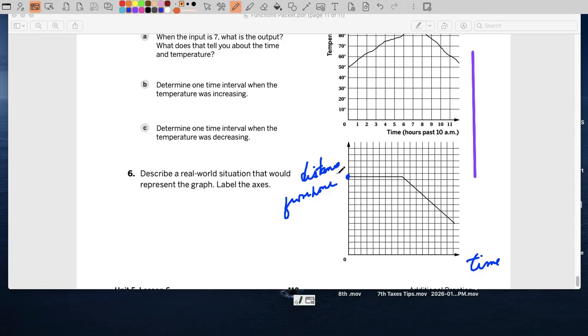The y-axis is the distance from home. He's at a library. The story starts with him at a library. He stays at the library for however long this means, 2 hours, 3 hours, and then he starts walking home. So he's getting closer and closer to home. Okay.